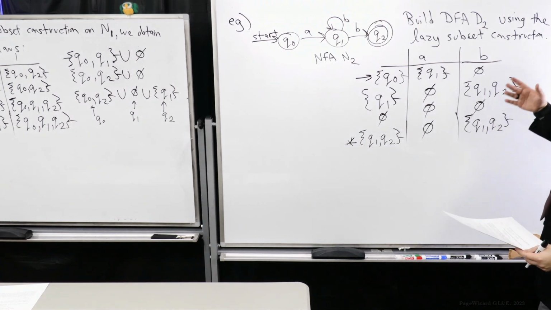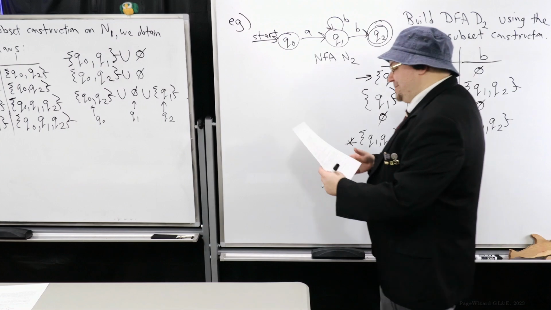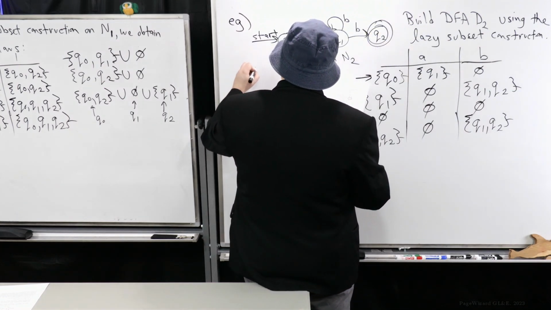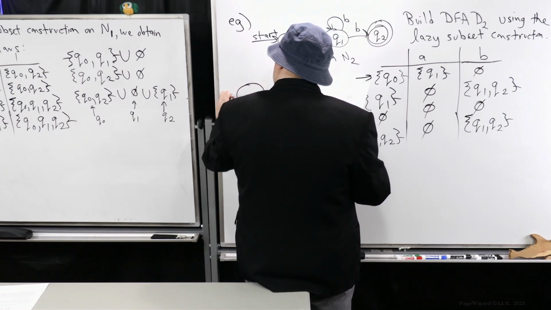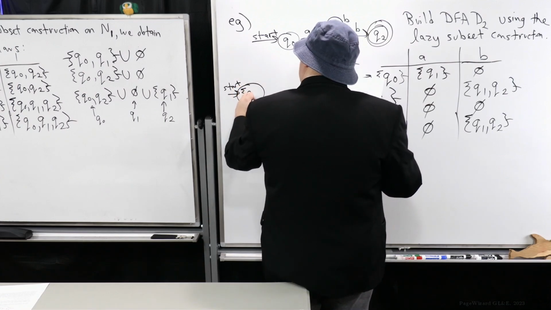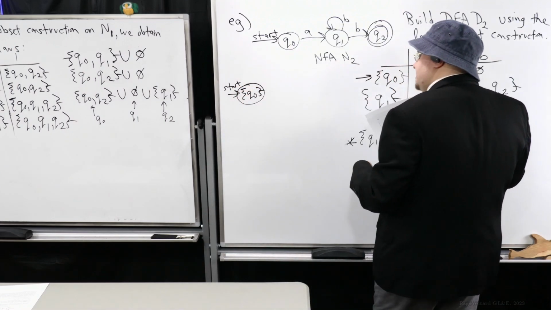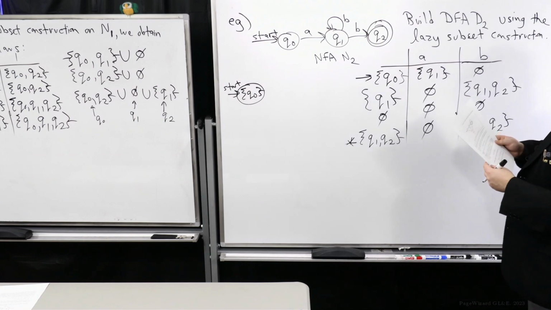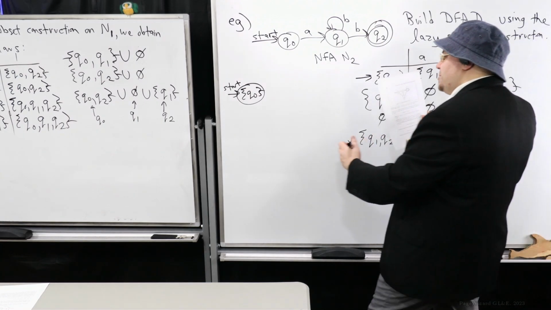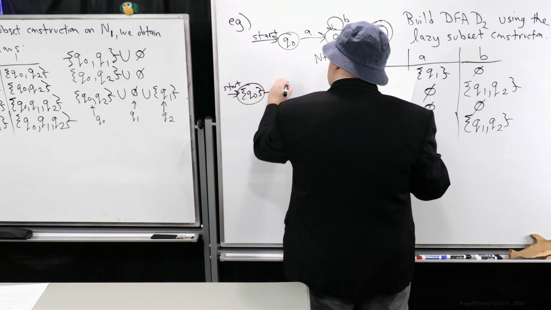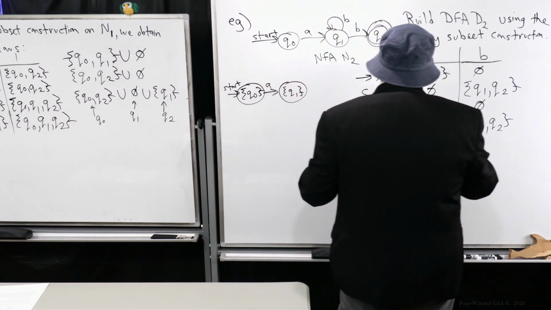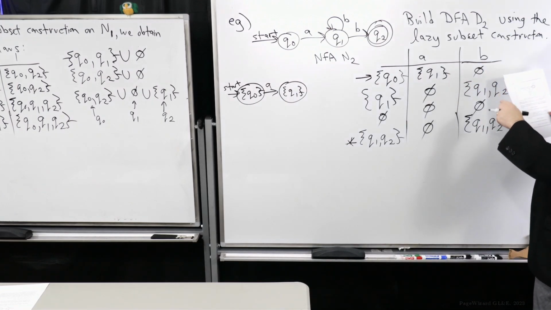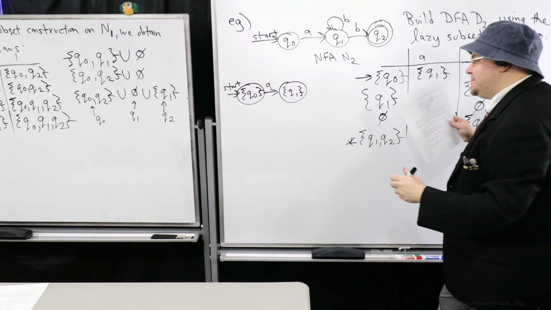Let's see what the transition diagram looks like. So this is what D2 will look like. So we're going to have the state for which it's Q0 like this, right? Okay, on A, it goes to a state labeled by the subset Q1. However, on a B, it goes to this state labeled by the empty set.